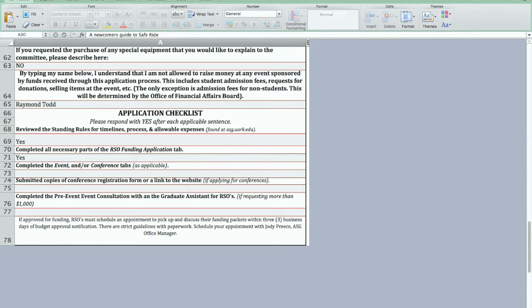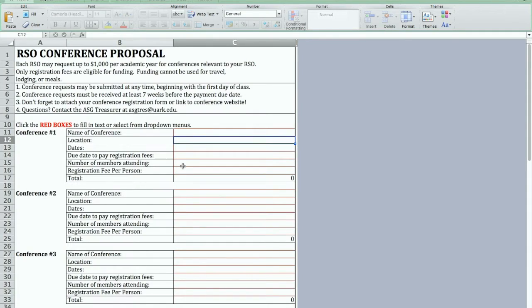Nothing on this because that's just all the event stuff, so we're going to go to the conference tab. The name of the conference is going to be the Safe Ride Programs United Conference.